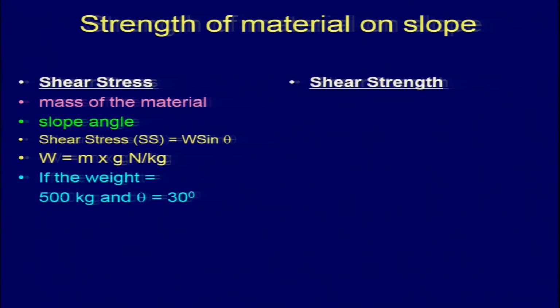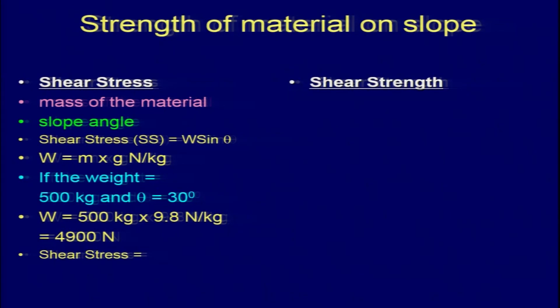Now, if the weight is say around 500 kg and your theta is around 30 degrees, then you have W equal to 500 kg into 9.8 Newton per kilogram. So, this will give you 4,900 Newton of weight or the force, okay.